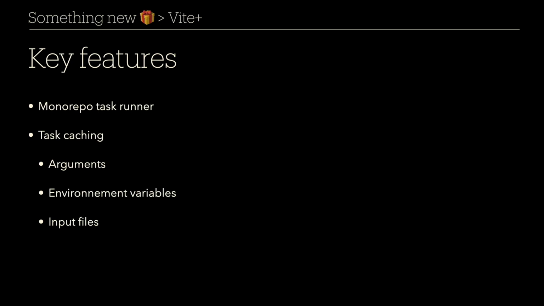Also, an interesting thing, they have a monorepo task runner. So it means that Vite Plus can natively cache some tasks. It's based on the input-output files. It's a bit like NX, but in a more simple way, I would say. In comparison with NX, actually, I had a talk with some people at NX about that.